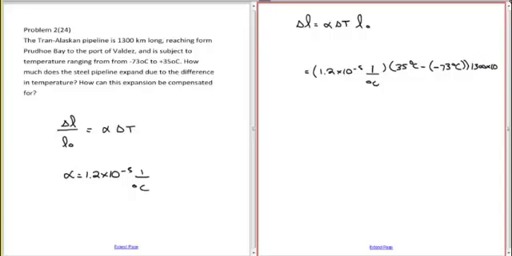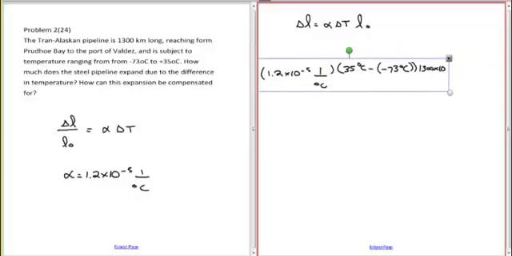1,300 times 10 to the third, because it's kilometers, 10 to the third meters. So 1,300 kilometers is 1,300 times 10 to the third meters. And plug that in.